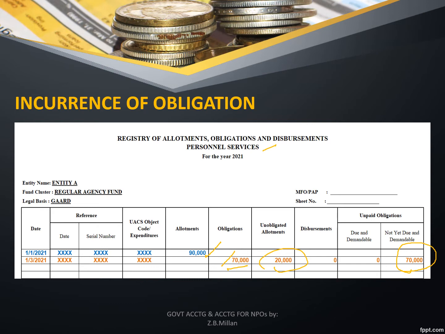Nag-enter pa lang ang entity A ng contract with the job order, pero hindi pa complete yung transaction in the sense na hindi pa naman nase-serve ng job orders yung service na kinontrata sa kanila ni entity A. Kaya hindi pa due and demandable yung 70,000. Inobligate pa lang yung amount pero hindi pa ito due and demandable, kasi hindi pa naman nakakapag-serve yung mga job orders na kinontrata ni entity A.